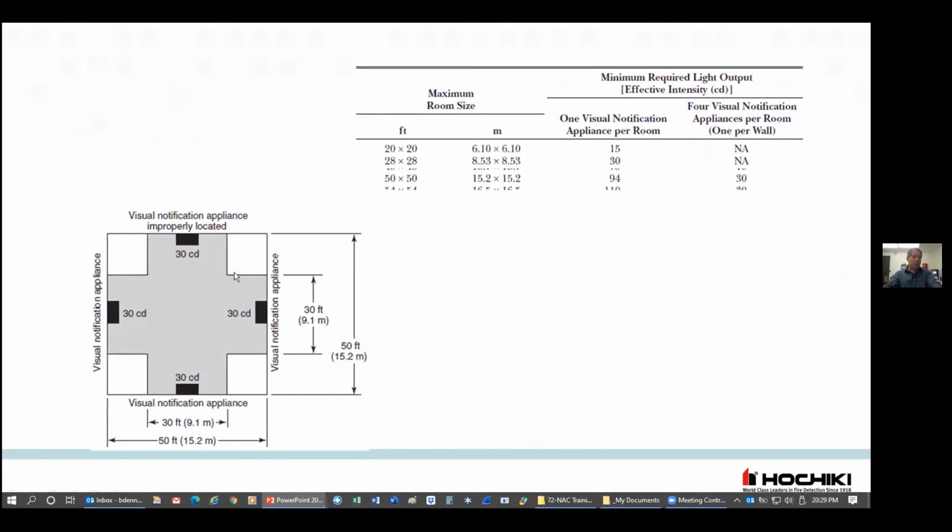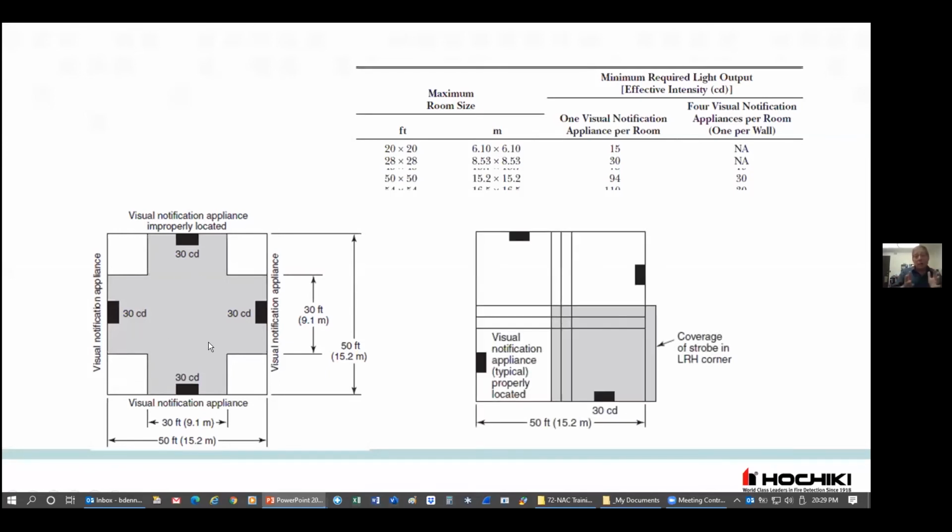This would provide a coverage, a square sort of coverage, as would all the others, but it's really going to leave the corners of the rooms without proper illumination. Rather than do this, what we do is we consider that the room is divided into 4 pieces, and then we protect each section by putting the strobe in the middle of that part of the room.